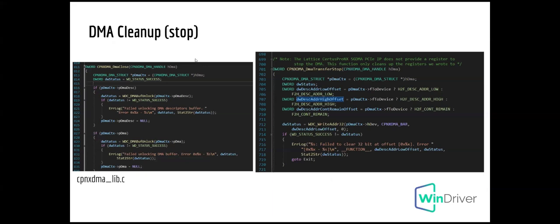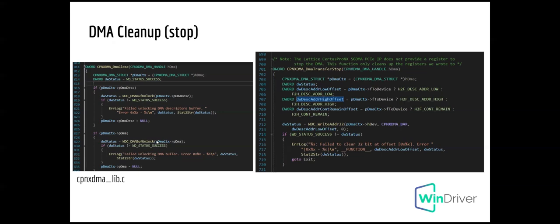And the next thing we need to do is to clean. CP-NX does not have a cleaning or a DMA stop function on the device. So we have the DMA close routine, which essentially unlocks the buffers and the offsets.